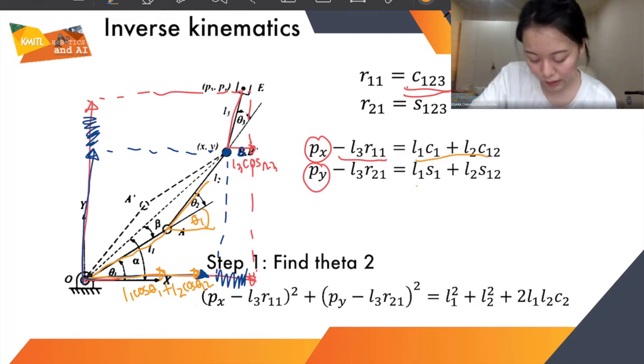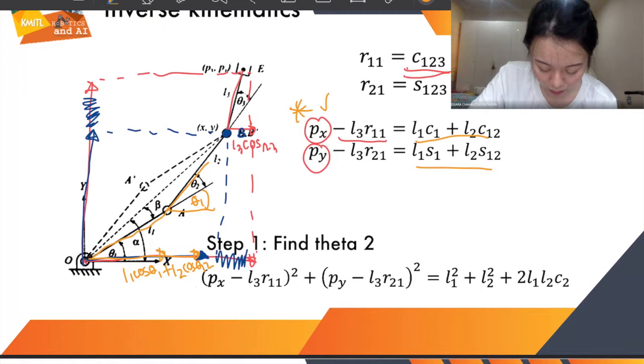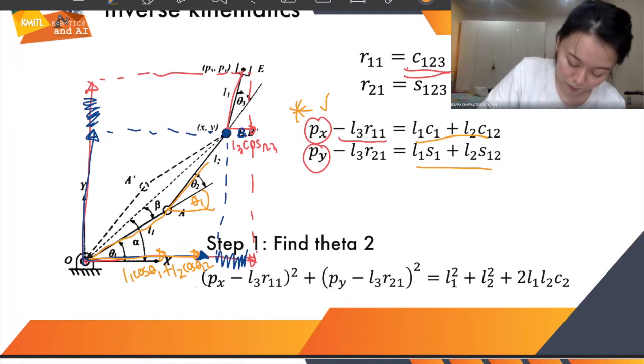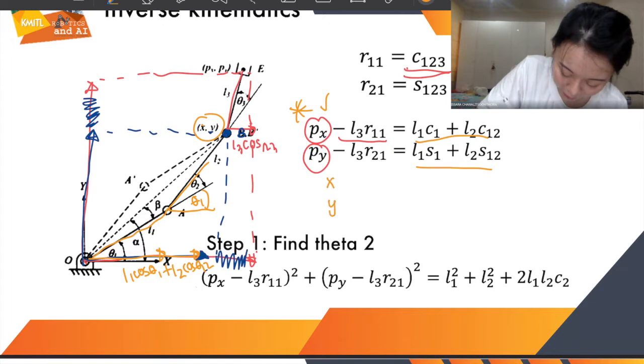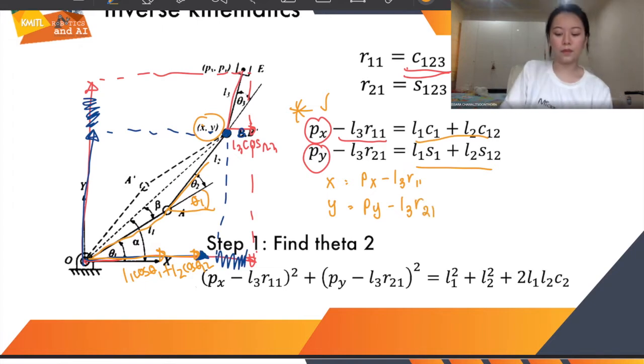And we can prove that this equation is true. After we get this, we can identify point x and point y: point x is equal to Px minus L3 R11 and point y is equal to Py minus L3 R21.